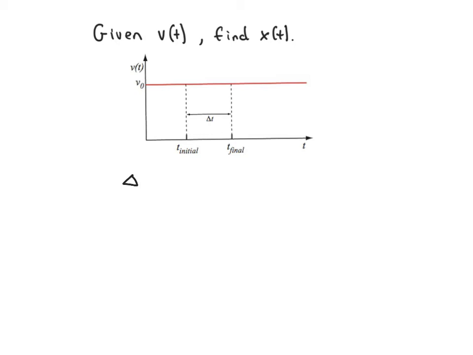The change in position during this time interval, delta x, is clearly going to be just equal to v naught times delta t, where delta t is the difference in time between the initial time and the final time. And notice that this quantity, v naught times delta t, just corresponds to the area of this rectangle that I'm shading in. It's just the so-called area under the curve, the area between the curve and the horizontal axis. That shaded yellow area is just equal to v naught times delta t.